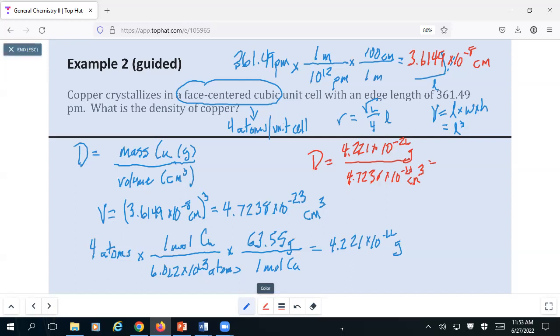Which would give us a density of 8.936 grams per cubic centimeter, which is actually pretty close to what we think of as the density of copper at room temperature.